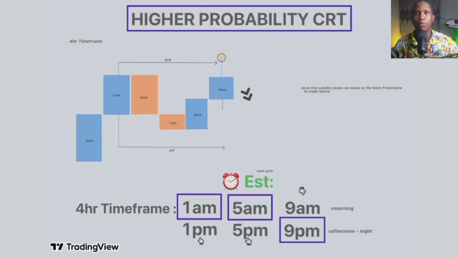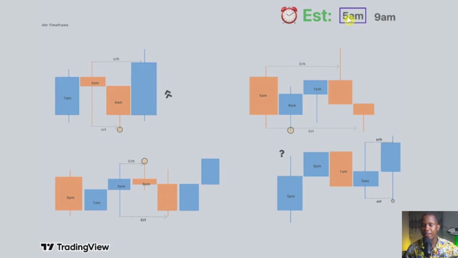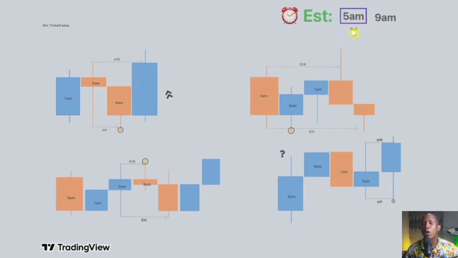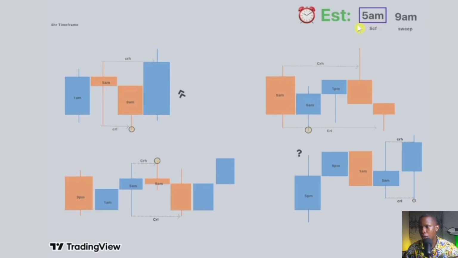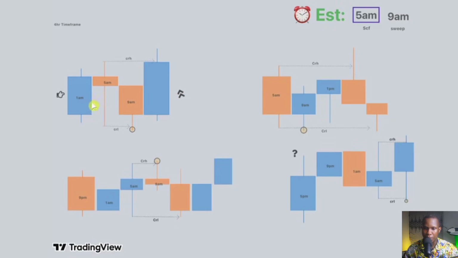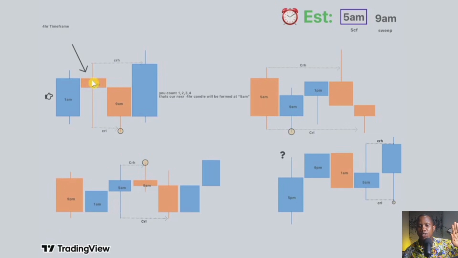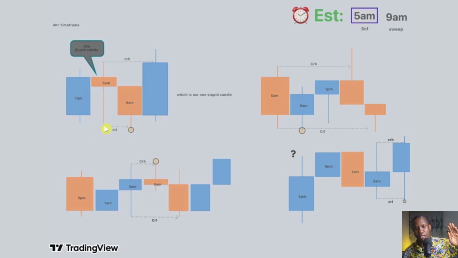Let's take some examples. In this video, we're going to be using the 5 a.m. candle and 9 a.m. candle. Our single candle formation, we're going to be looking at it from 5 a.m. and we want our sweep to be at 9 a.m., guys. This example, this is our 1 a.m. candle. The next candle will be formed at your 5 a.m. here now, which is single candle formation here, which will mark our candle range low and our candle range high.